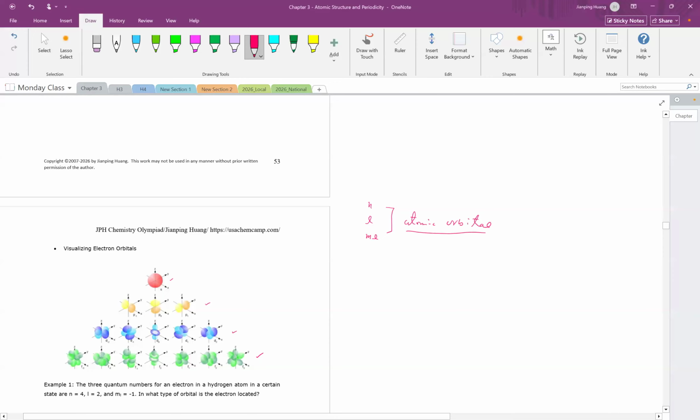Each orbital needs 3 numbers: n, l, ml. n is the principal quantum number, l is the angular momentum quantum number, and ml is the magnetic quantum number.